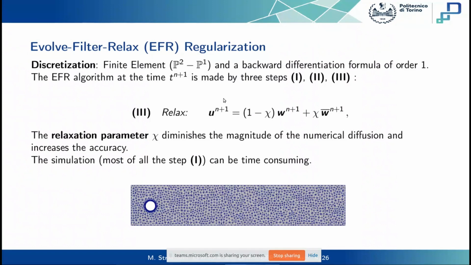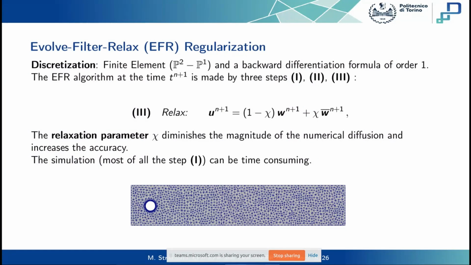Great. And now you have a third step that is actually a relaxation step, in the sense that your final post-processed solution is a convex combination of your standard Navier-Stokes solution and the filtered one. The parameter chi lives in [0, 1]. If chi is 0, you have the standard Navier-Stokes equation, while if chi is 1, this term disappears and you have your filtered solution all along.